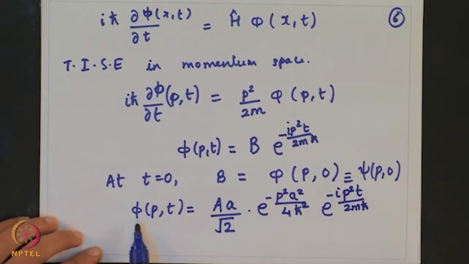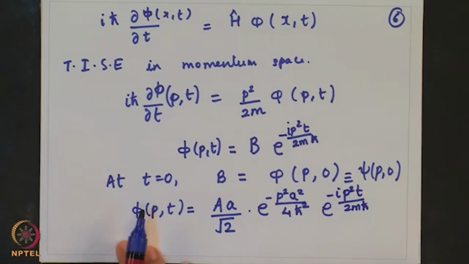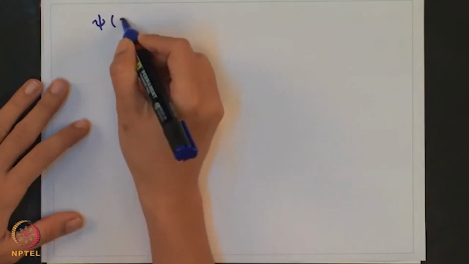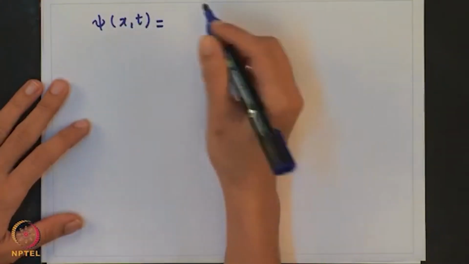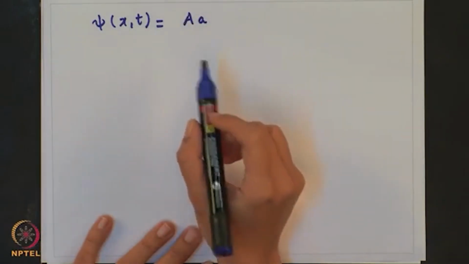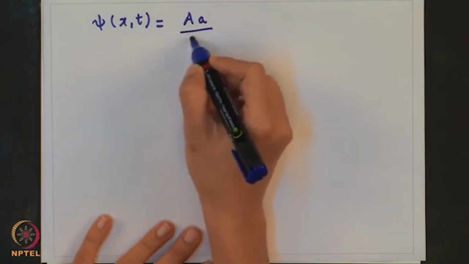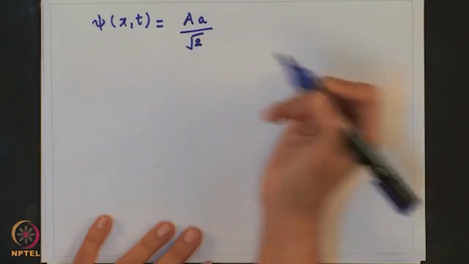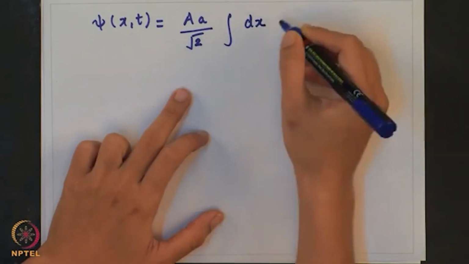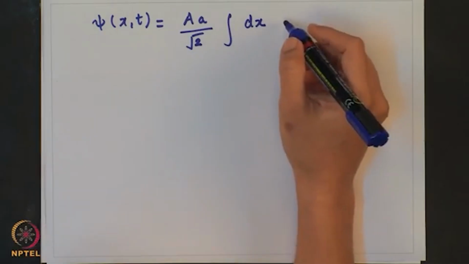Now, I have obtained the wave function in momentum space. Similarly, we will again take a Fourier transform to obtain the wave function in position space. So, ψ of x, t will be nothing but, again I am skipping one step where you have to integrate. I will just write down φ of p, t e raised to i p x upon h cross, and then you have to integrate.